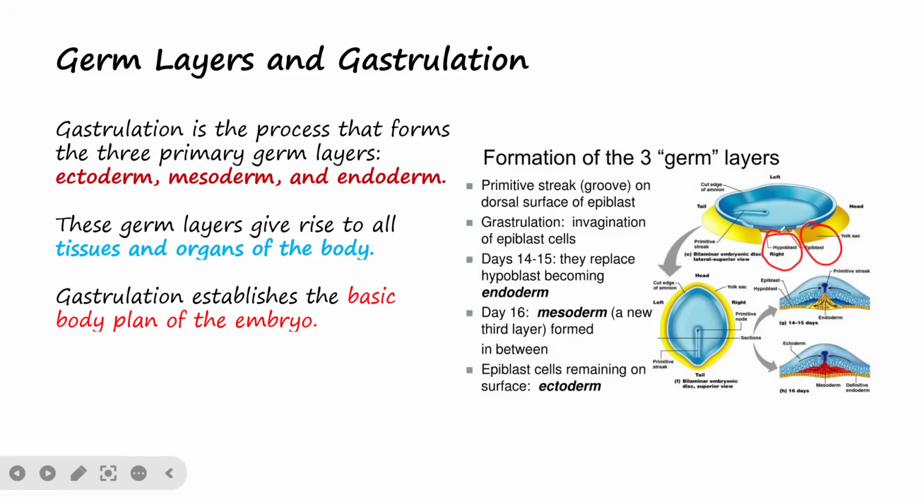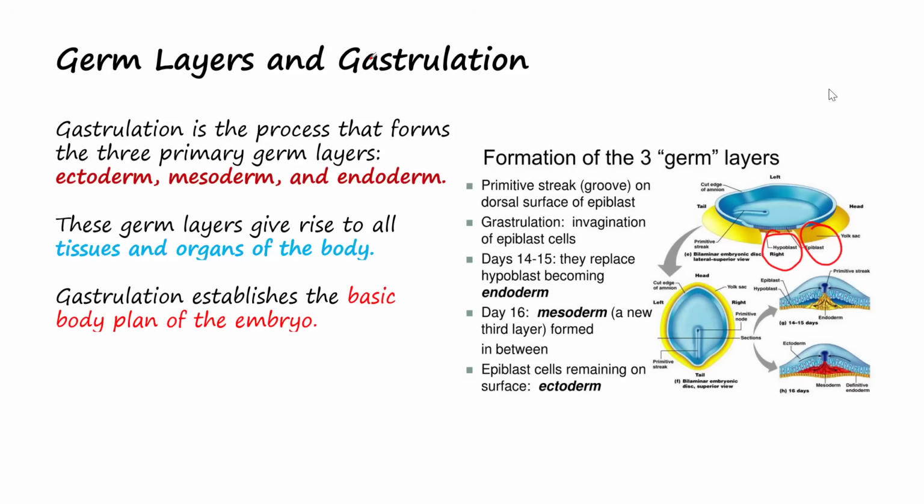So a new third layer forms in between, which is known as mesoderm. And then the epiblast remaining on the surface becomes ectoderm. So these are the three layers.